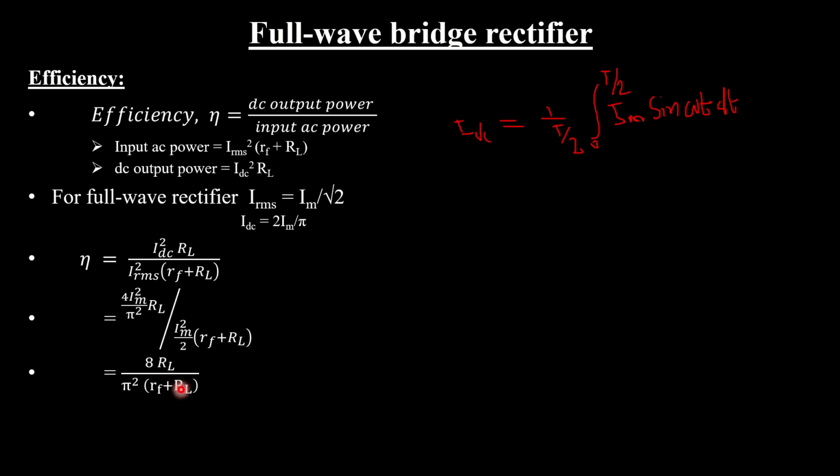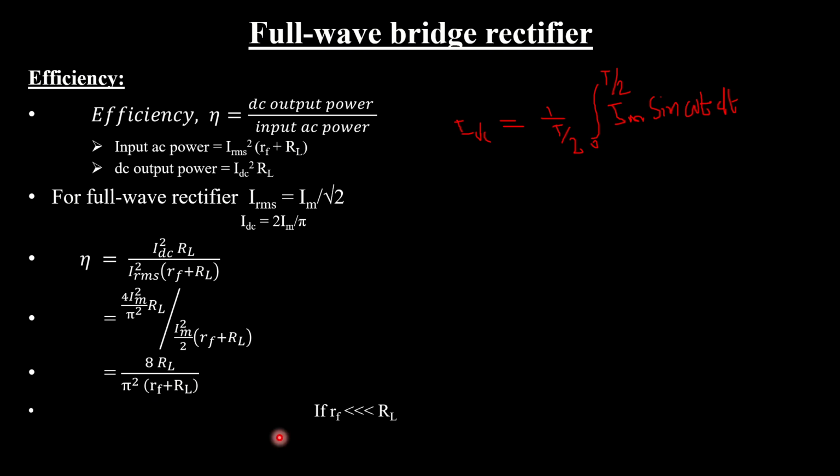Now we are going to use a particular condition. We know that the forward resistance is of the order of 1 to 25 ohms only, and usually the load resistances will vary from 500 ohms to 1000 ohms or 2 kilo ohms or 3 kilo ohms, 4.7 kilo ohms, etc. So compared to these high values, RL will be very much greater than RF.